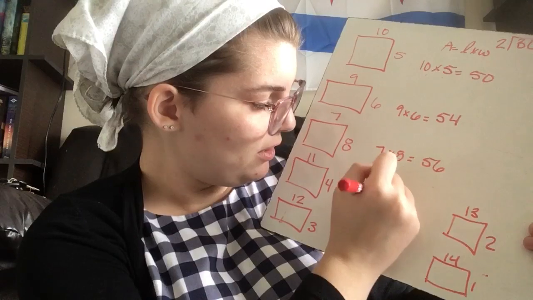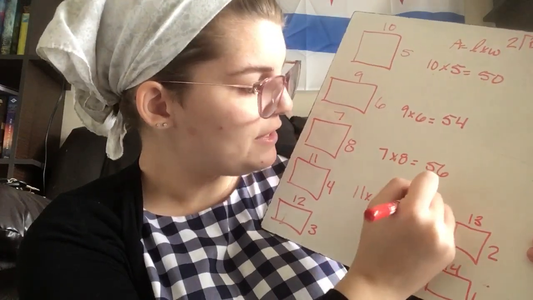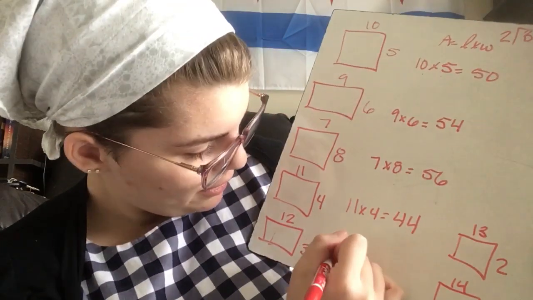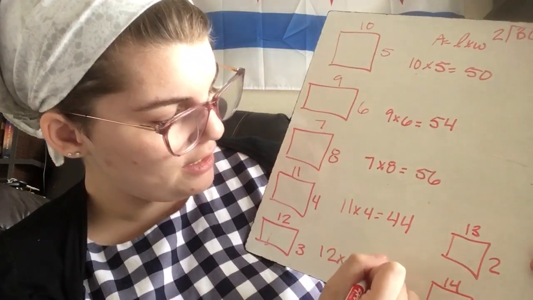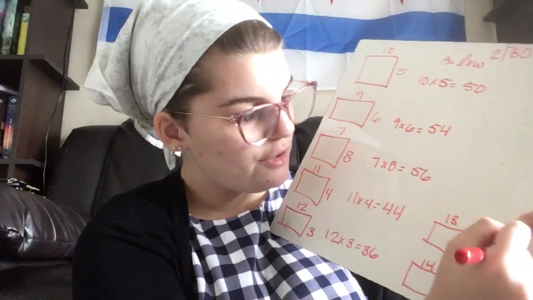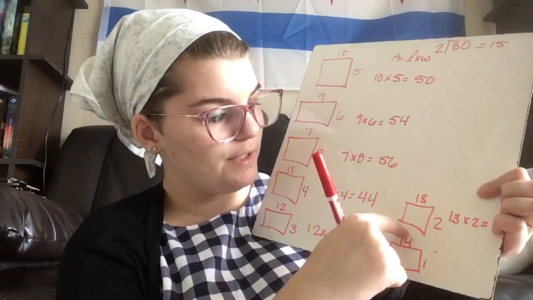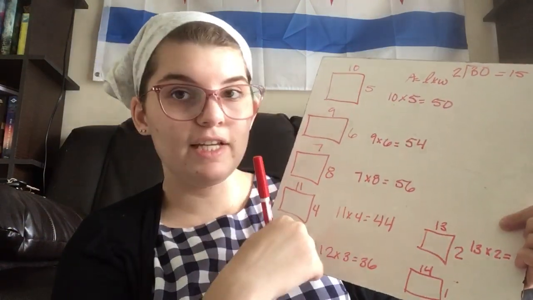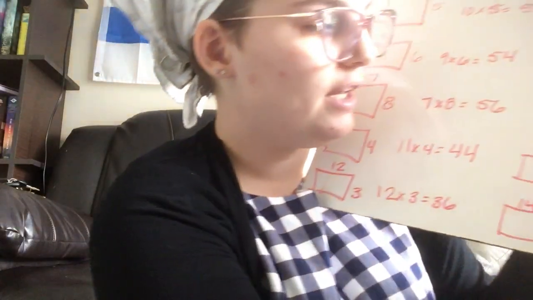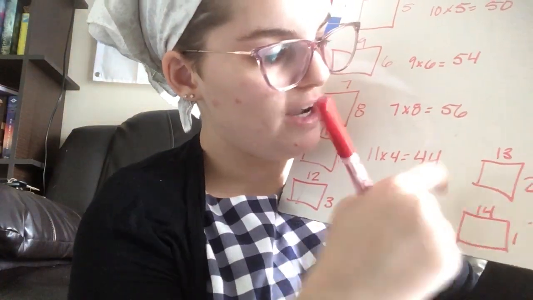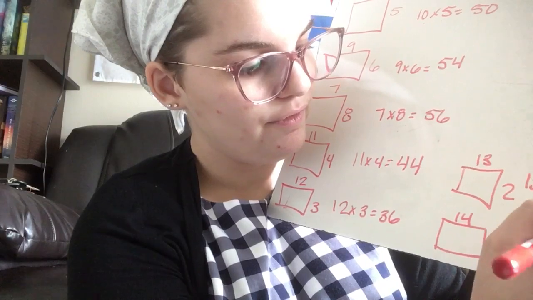11 times 4 is 44. 12 times 3 is 36. 13 times 2, because again, we're just doing length and width for all of them, okay? That's 26, and then we have our 14 and 1, which is 14.